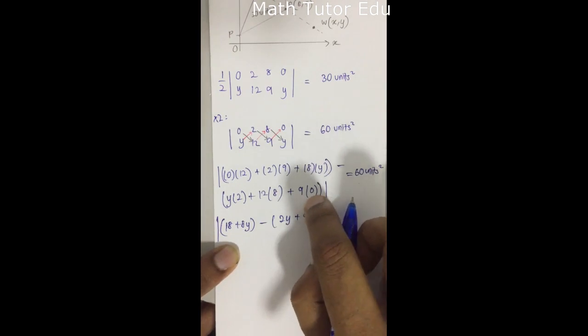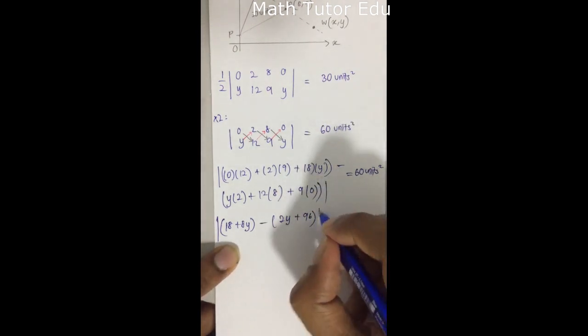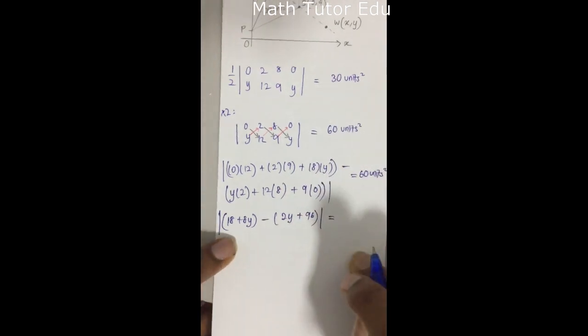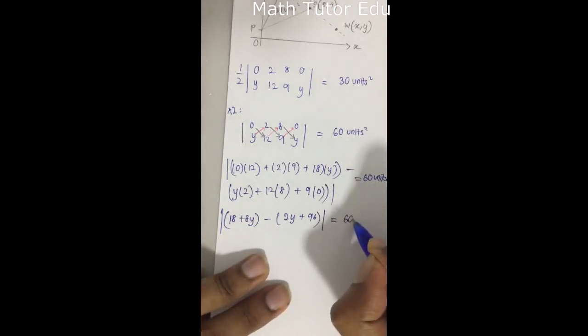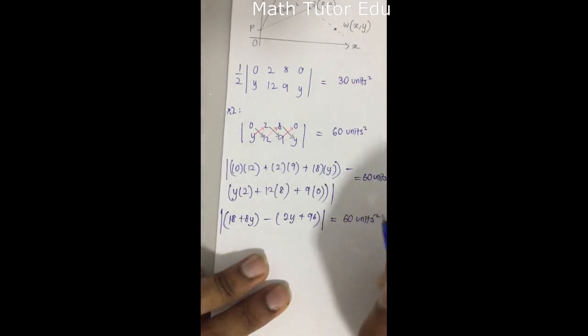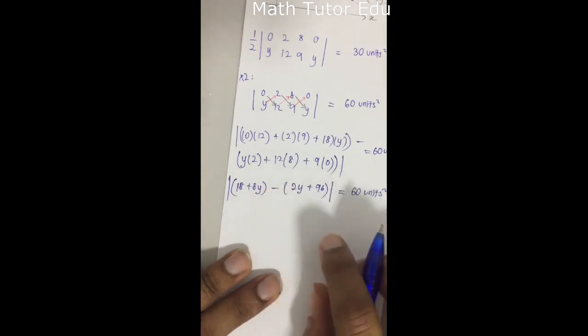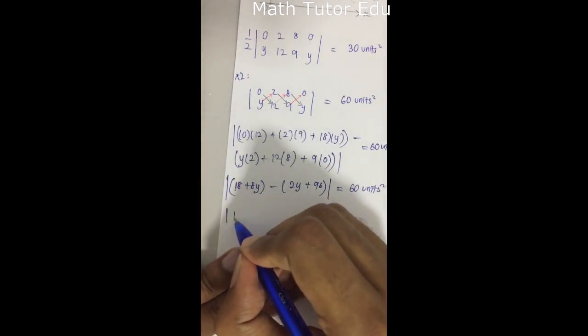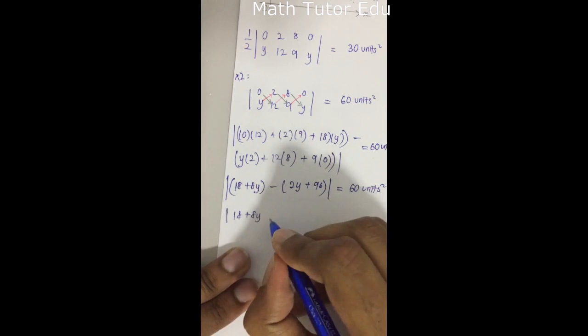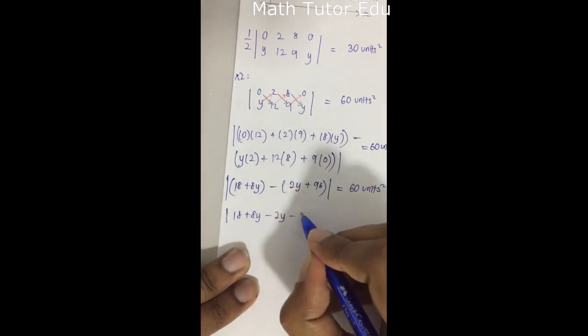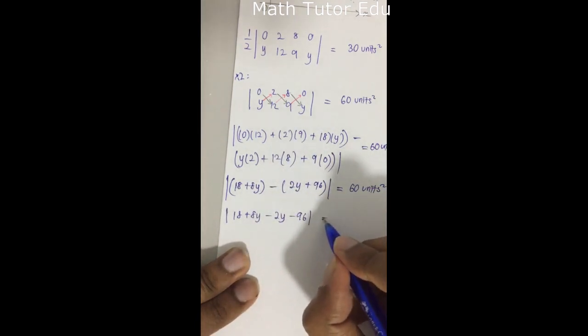Of course this one is 0 guys, 9 times with 0 is 0. So from here equals to 60 units square. So this negative you times in. So from here you get the modulus of 18 plus with 8y minus 2y minus 96 equals to 60 units square.